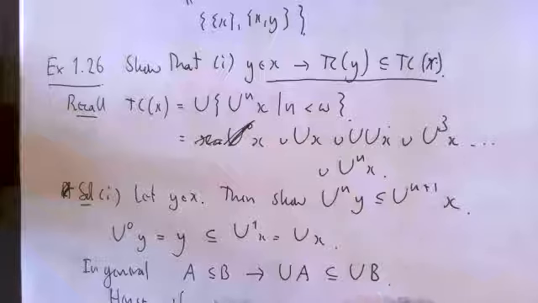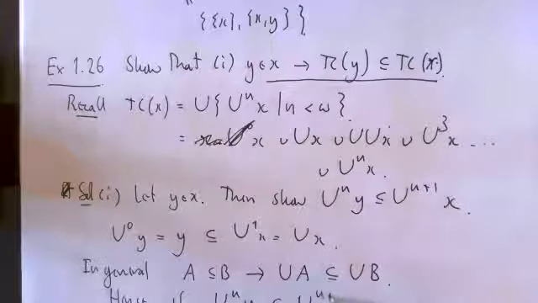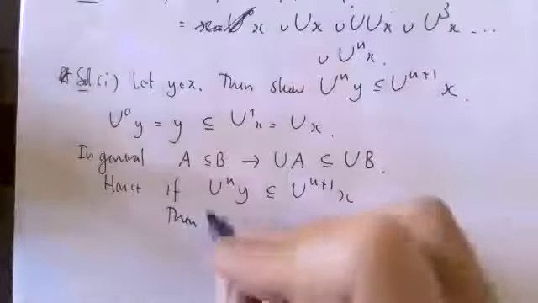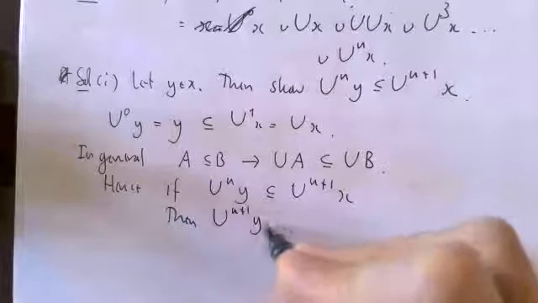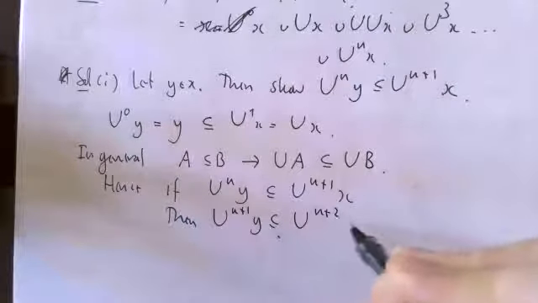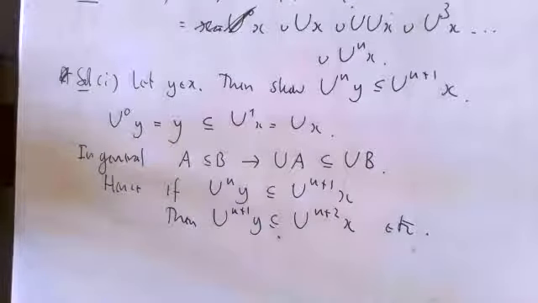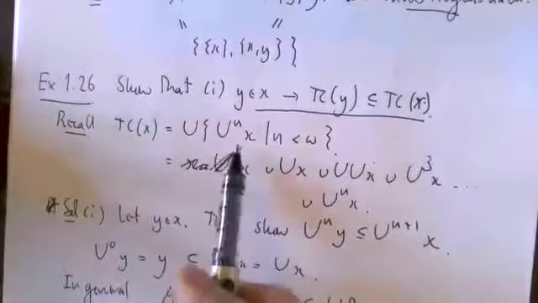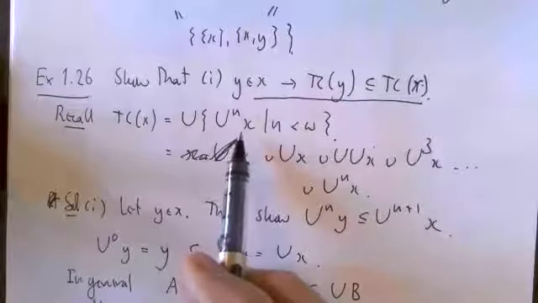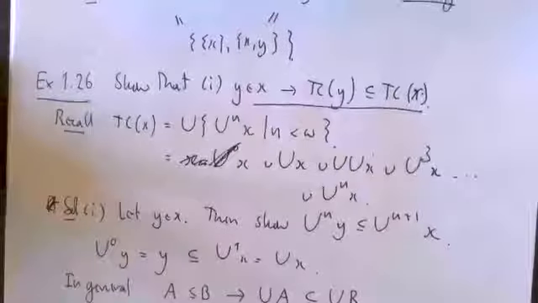Hence, if U^n of y is contained in U^(n+1) of x, then U^(n+1) of y is contained in U^(n+2) of x, etc. So this is going to mean that TC of y, which is the union of all these U^n of y's, is contained in the union of the U^(n+1)'s of x.